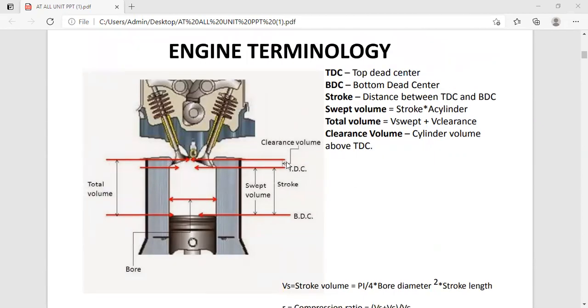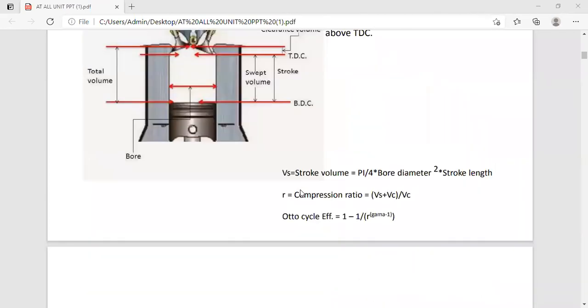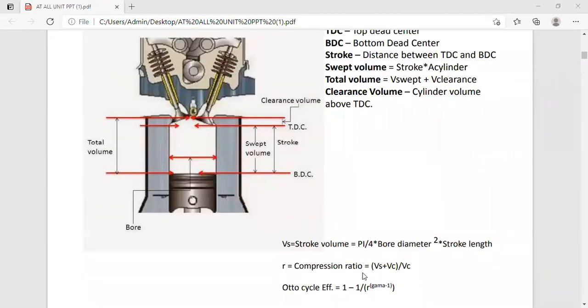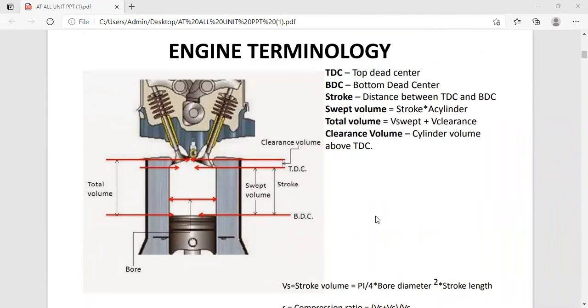Next point is the stroke volume, or swept volume also. Now the travel of the piston from TDC to BDC is called the piston stroke, and the volume displaced by the piston is called the stroke volume. And we generally indicate the swept volume or stroke volume by VS.